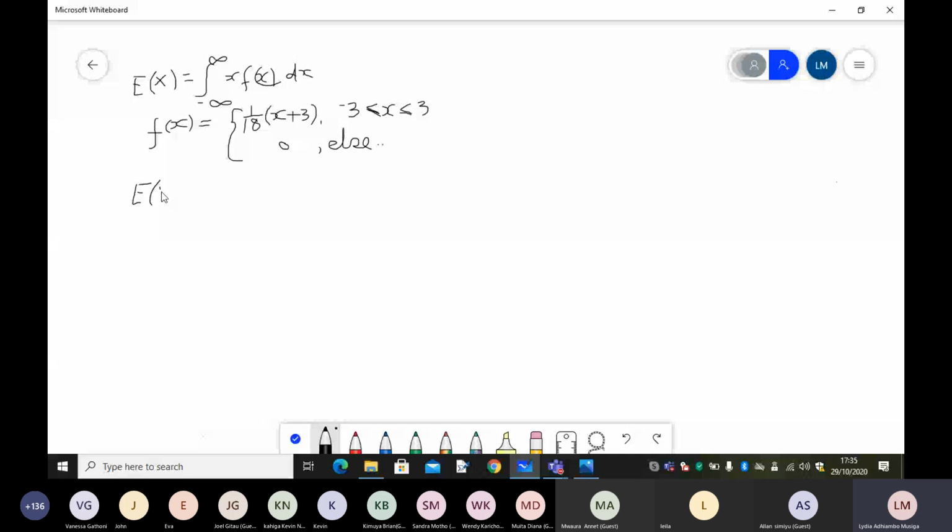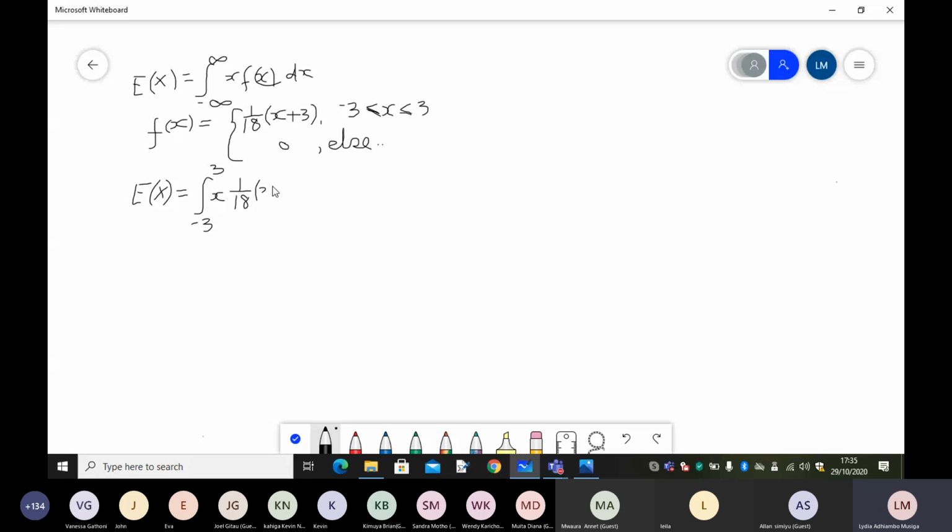Expectation of x is the integral over the sample space. For this example, our sample space is from minus 3 up to 3. And what is f of x? f of x is 1 over 18 into x plus 3.